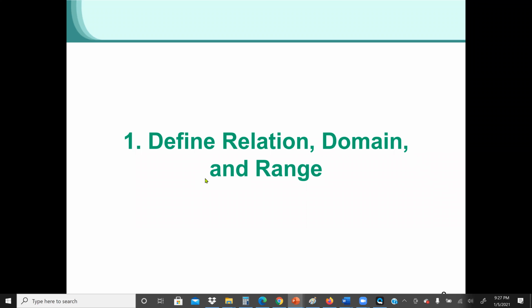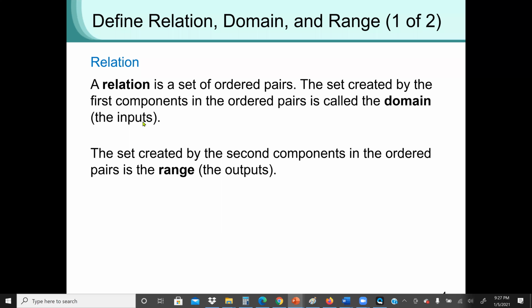So first, we start with the definition of a relation, domain, and range. We say a relation is a set of ordered pairs. Again, we should understand this concept as two-dimensional. So a relation consists of X values and Y values, a set of ordered pairs, and we're going to see examples soon.